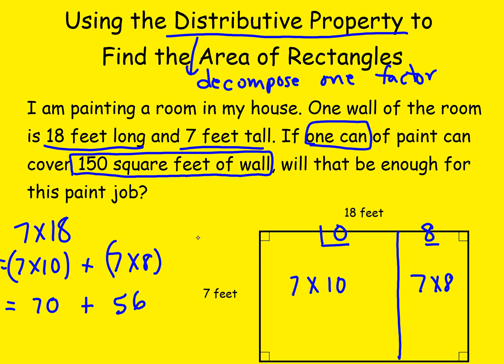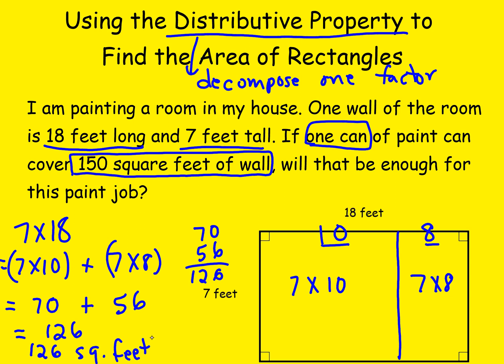So now I just need to add 70 and 56, which is 126. So it's 126 square feet. But I still have not answered the question, because the question is, do I have enough to use one can? Well, since there's 150 square feet, the answer is yes. One can is enough.